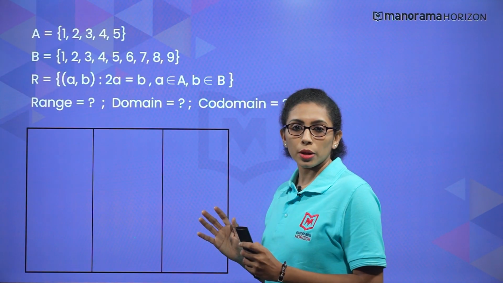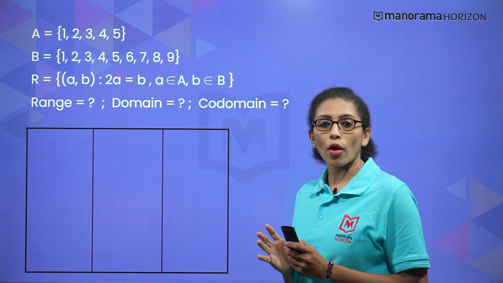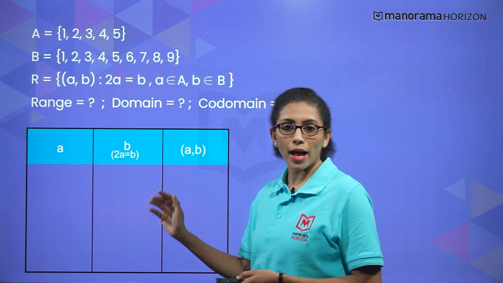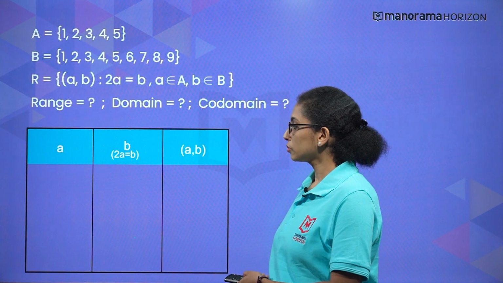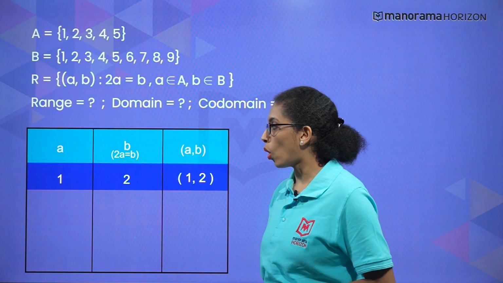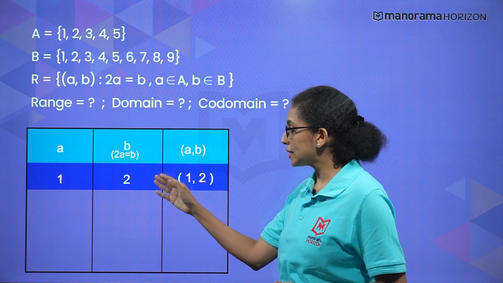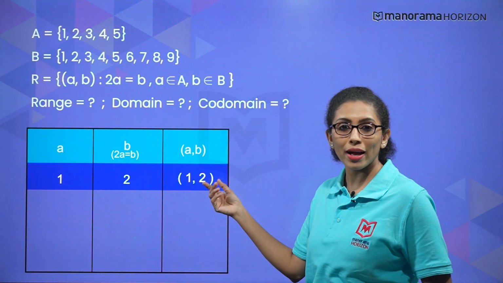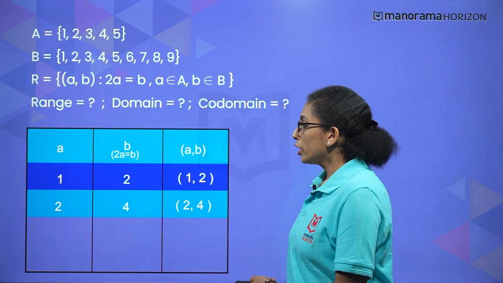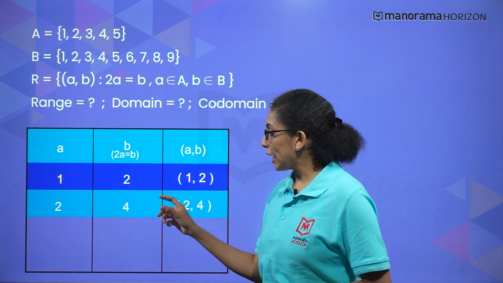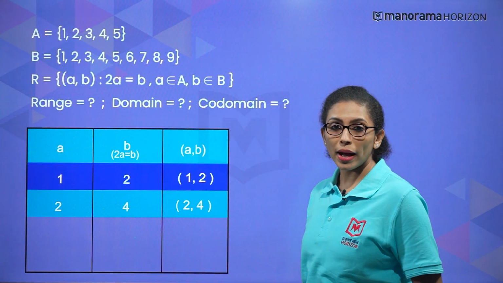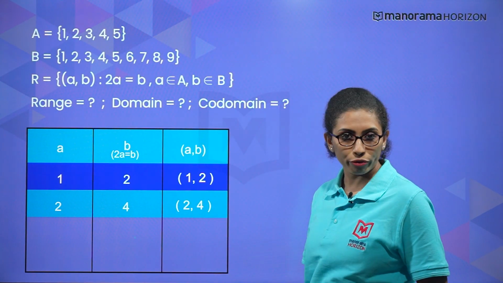First, we make a table to get a better idea showing the values of a and b. Alright? So when a is equal to 1, what is b? b is equal to 2. We get the ordered pair as (1, 2). Now when a equals 2, b equals 4. What is the ordered pair (a, b)? It is (2, 4).